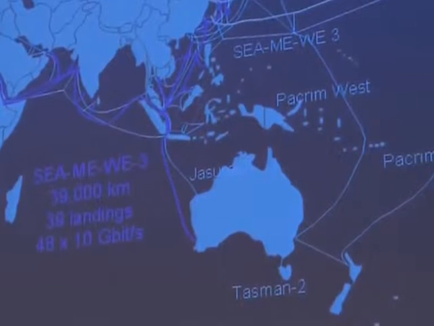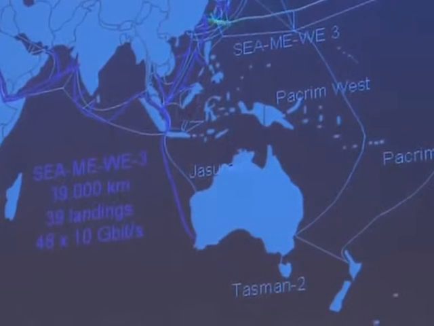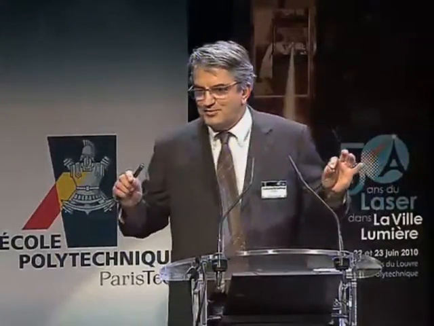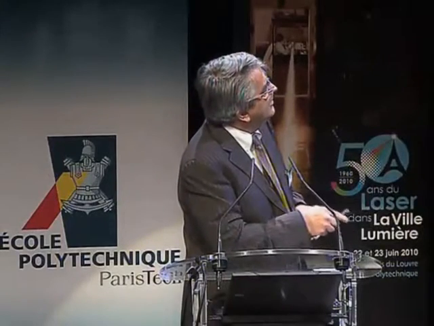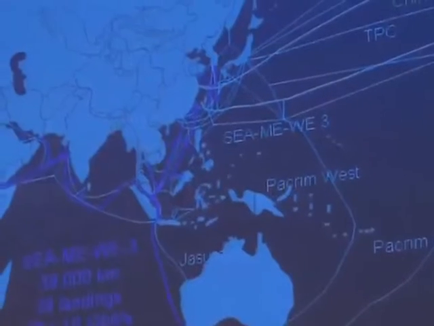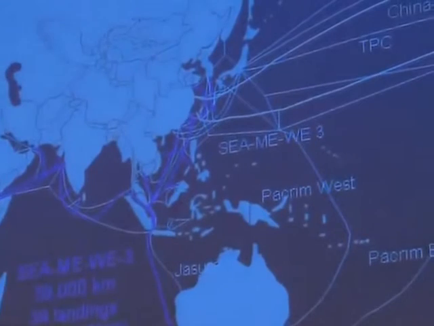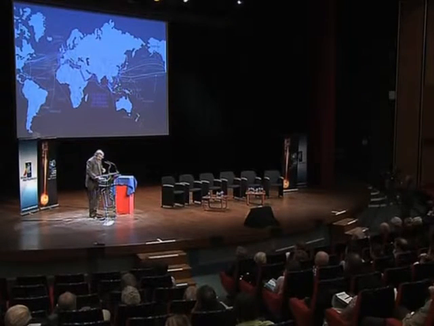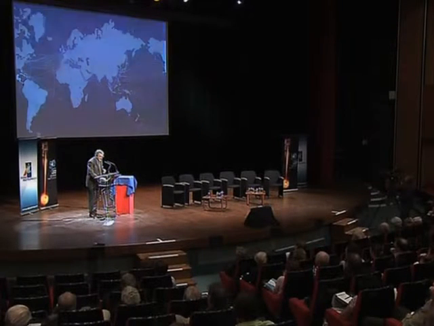China-US is interesting. Each of these legs is 12,000 kilometers with zero electronics on the path of the photon. So the photon that is sent here is received there, having encountered no electron, let's say, because electrons are still around, but no electronics, no repeater.